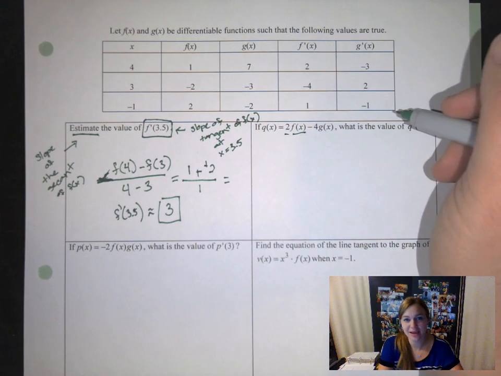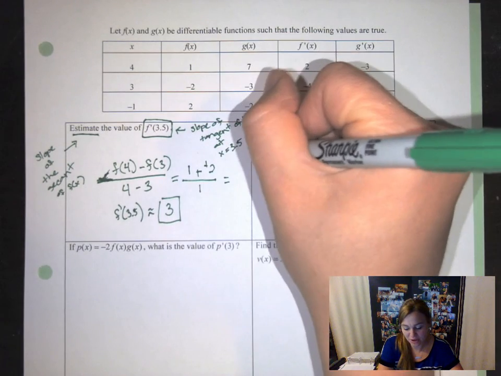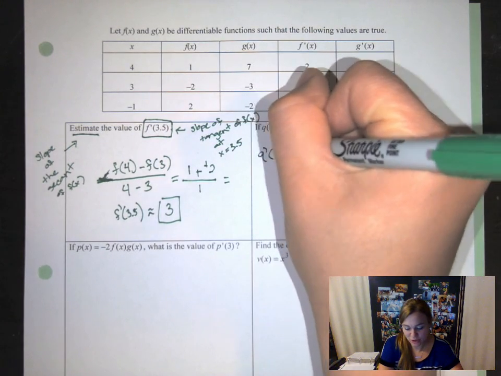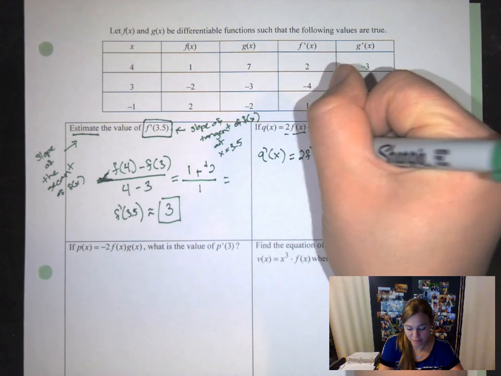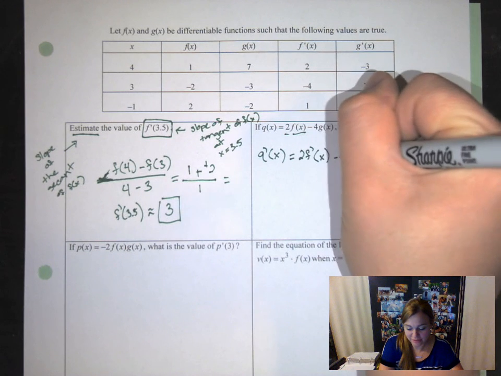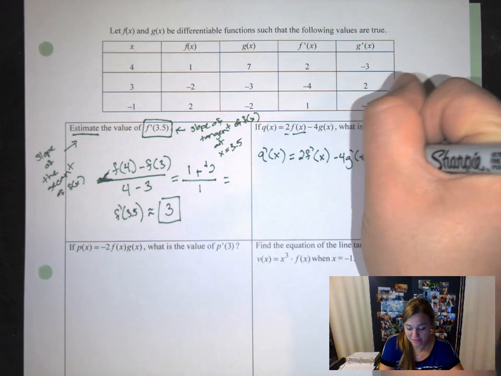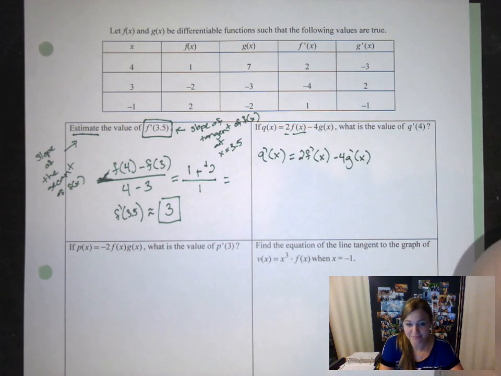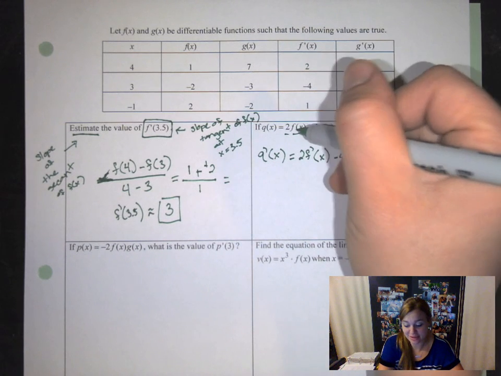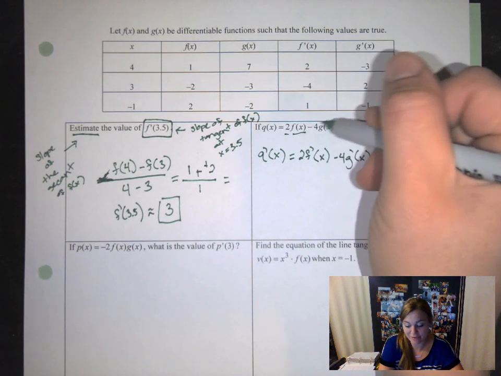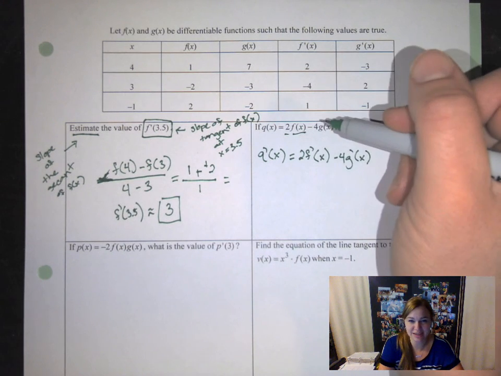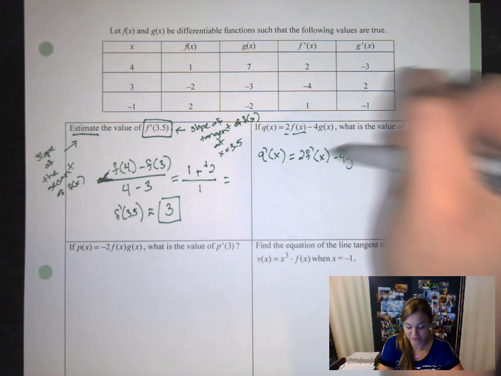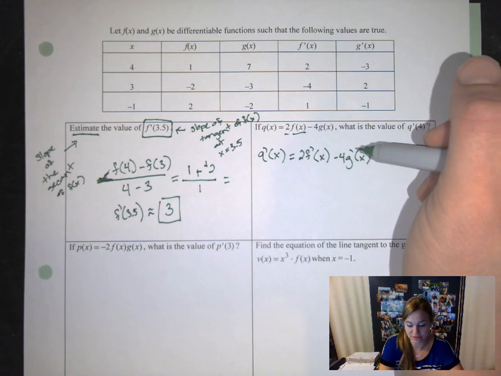So in this one, I sadly don't really need to use the product rule, because to find q prime of x, this would just be 2 f prime of x minus 4 g prime of x. And that's it. Because it's not 2f of x times 4g of x. So you can just say, well, this is just kind of like a polynomial before. I just take the derivative here, I can carry coefficients along for the ride.